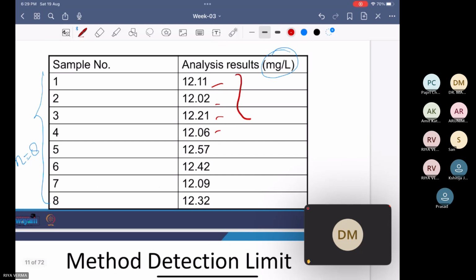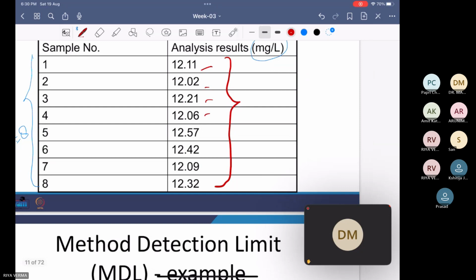See, we have these 8 values. So firstly, we need to calculate the mean value. Mean is x bar. तो x bar क्या होगा? Summation of x divided by n. तो summation, if you guys are having your calculators, or any notebook, try to do it with me only. आप calculate करके मुझे values बताओ, and then we'll proceed further. Add all these values.